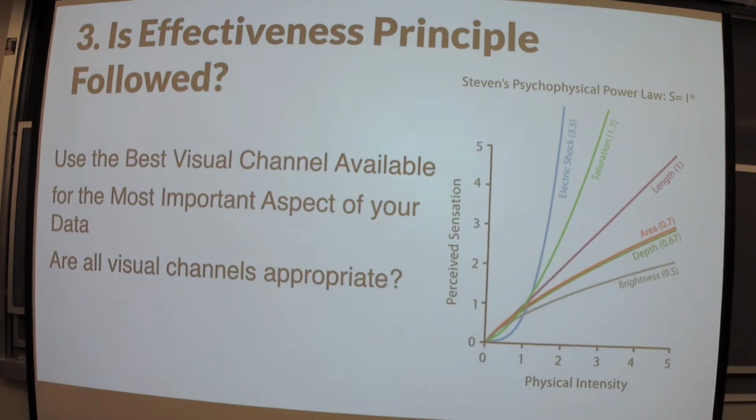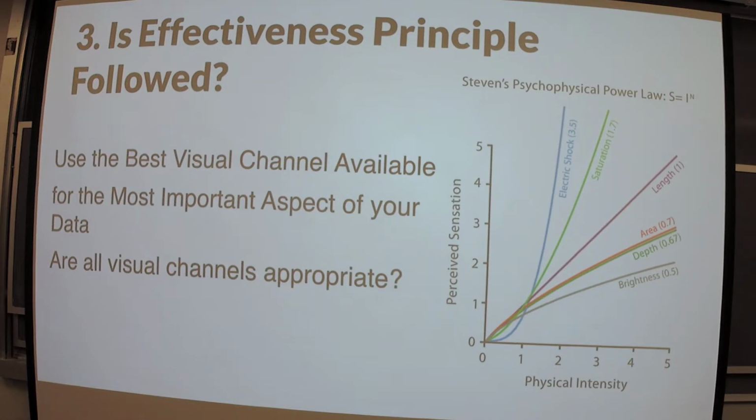And you should argue by using the rankings that we talked about. Remember, position is the most efficient encoding, and you should argue this by Stevens' psychophysical power law, so that we have this relationship between physical intensity and perceived sensation, which has a linear relationship only for length.